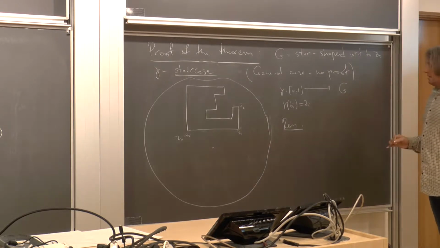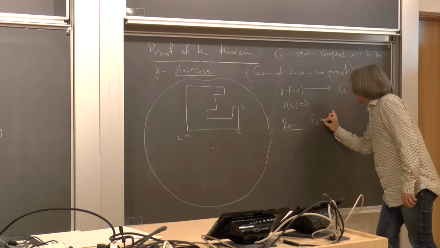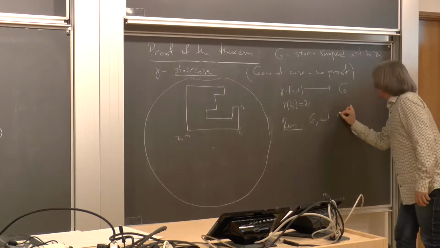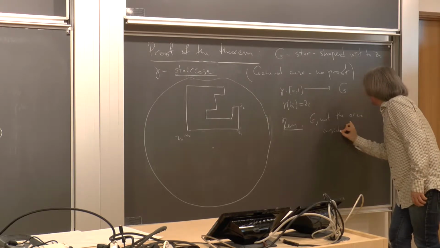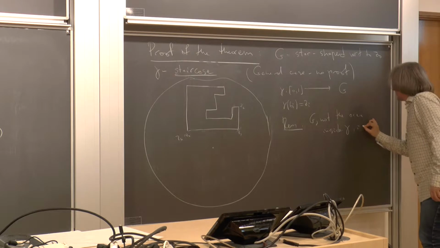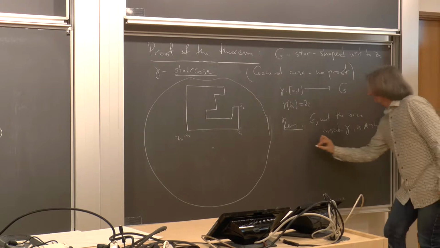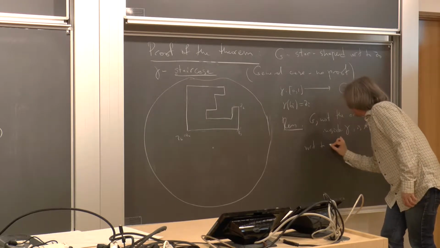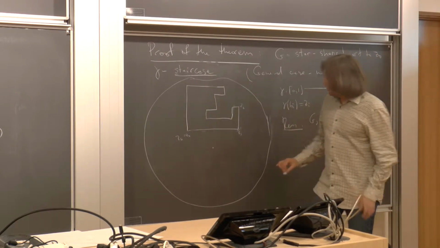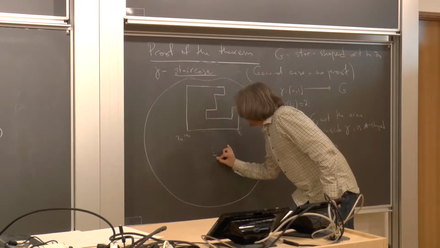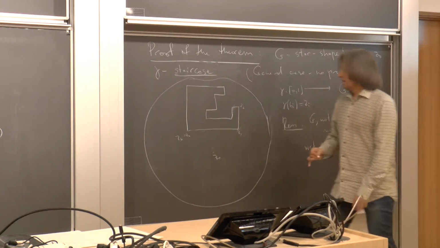So G, not the area inside gamma, is star-shaped with respect to Z0. To emphasize this, I even drew Z0 outside of gamma.